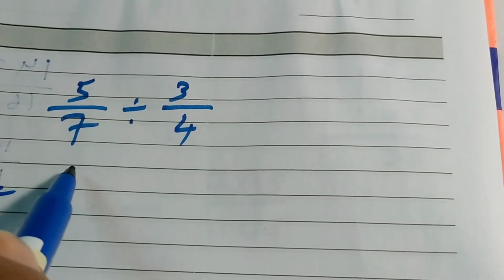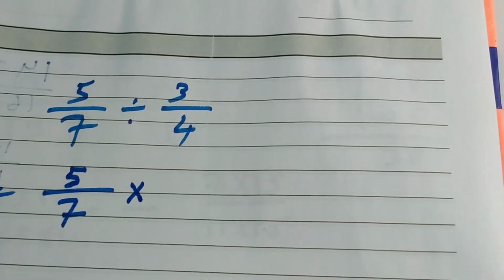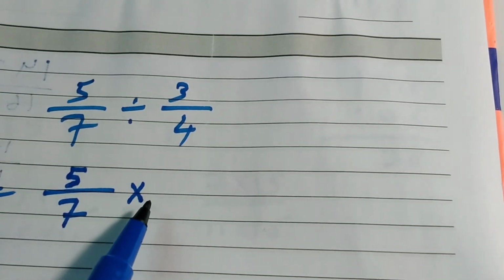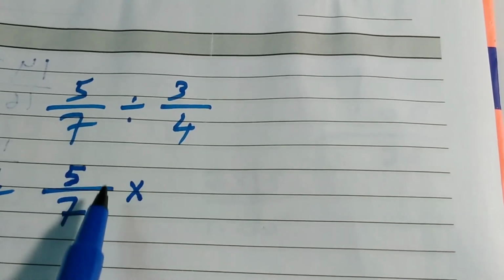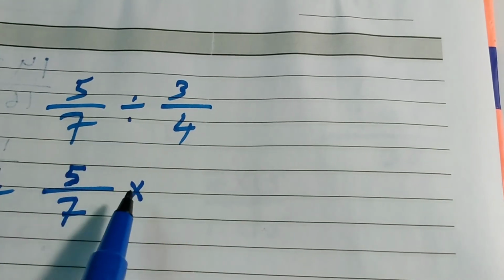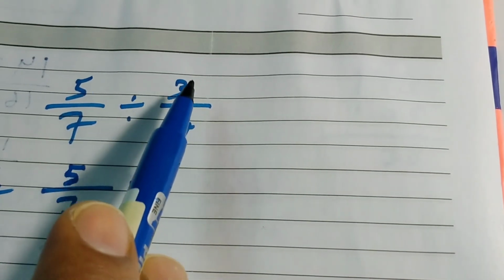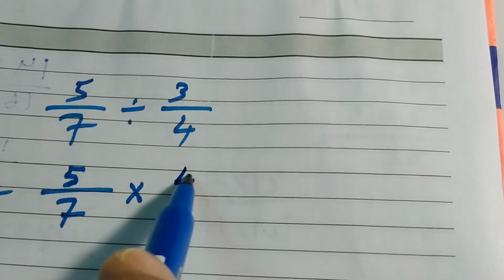We will write the first fraction the same and change the sign of division into multiplication. The divide sign will change into a multiplying sign. So after changing the sign, the numerator of the second fraction will become the denominator and the denominator will become the numerator. So it will be 4 over 3.